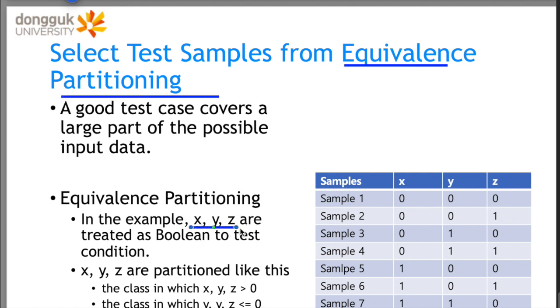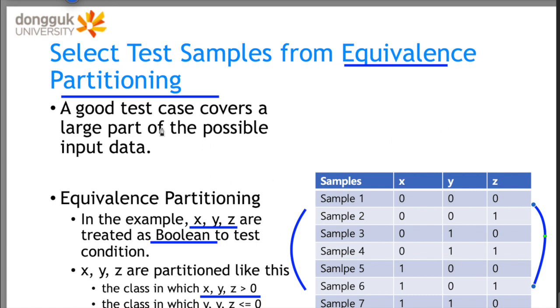You have values x, y, z, and you partition x, y, z into several parts, like a Boolean, using the Boolean to test conditions. For example, a partition like this: the class where x, y, z is greater than 0, and the class where x, y, z is less than or equal to 0. Okay, so you can generate 8 test cases from equivalent partitioning.